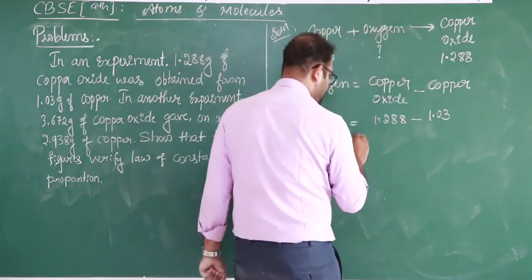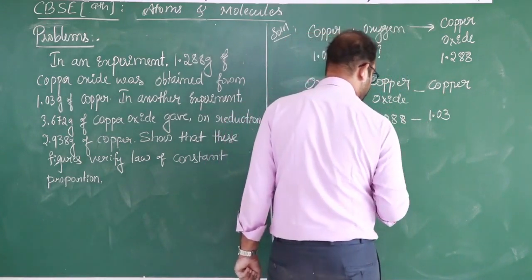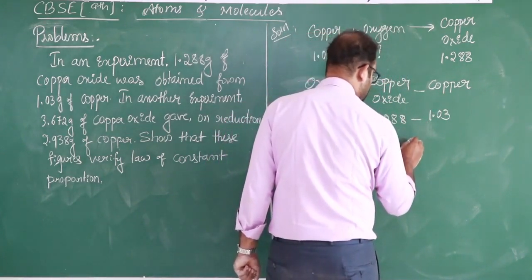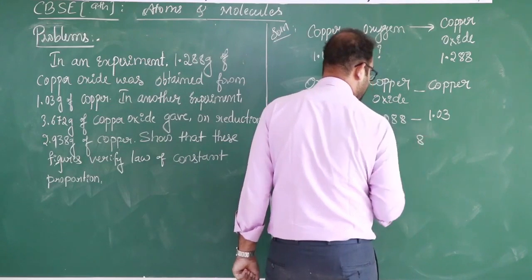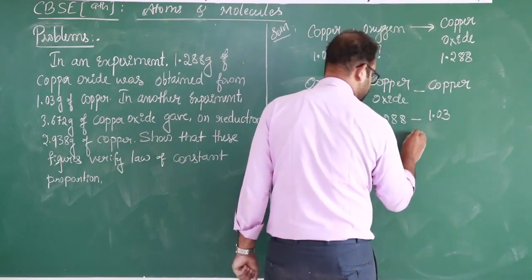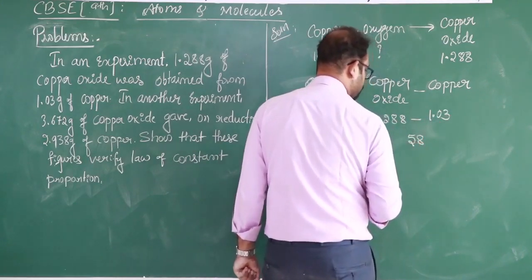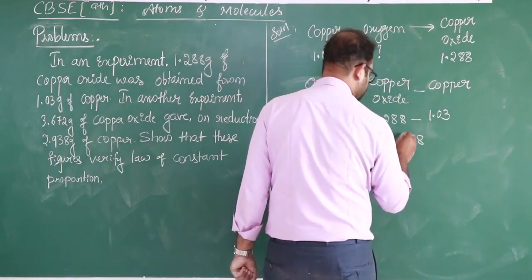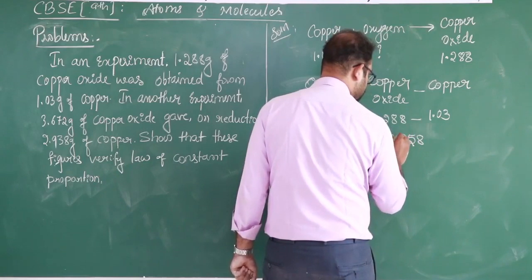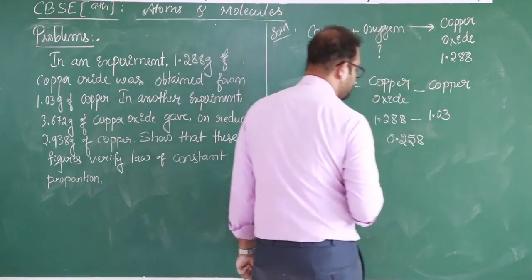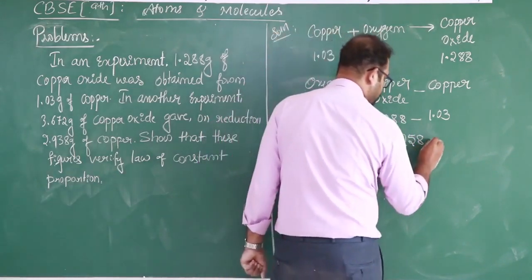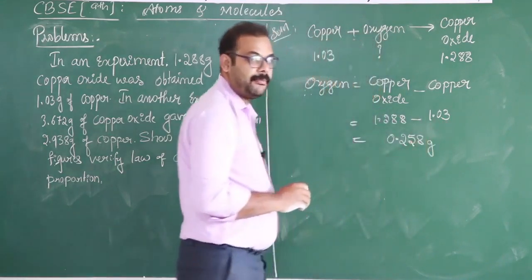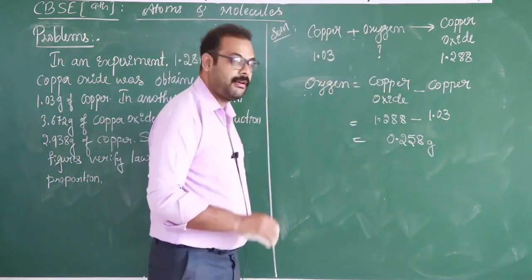Then you will get 0.258 gram. So this is the mass of oxygen.